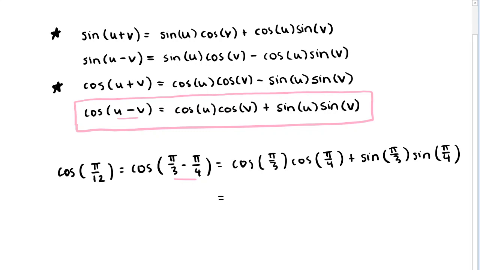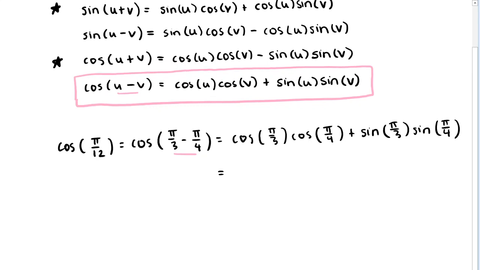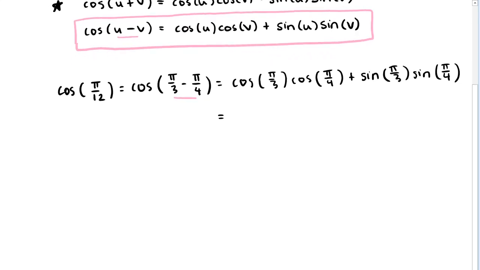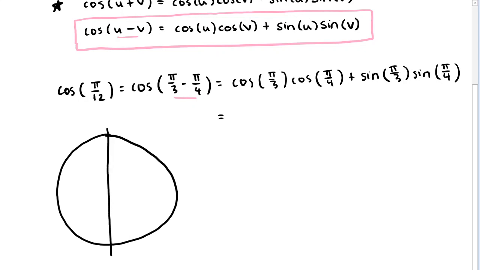And now what's cosine of pi over 3? Well, cosine of pi over 3, maybe I'll draw the unit circle. So at an angle of pi over 3, where we have a 30, 60, 90 triangle, and cosine gives us that x-coordinate along that 30, 60, 90 triangle, this is 1/2.